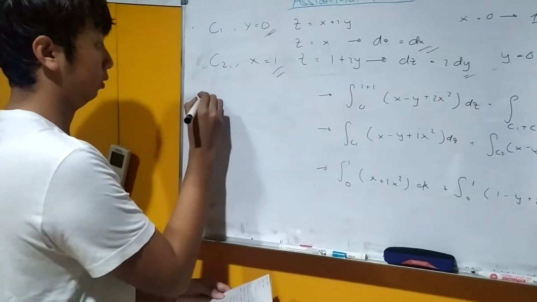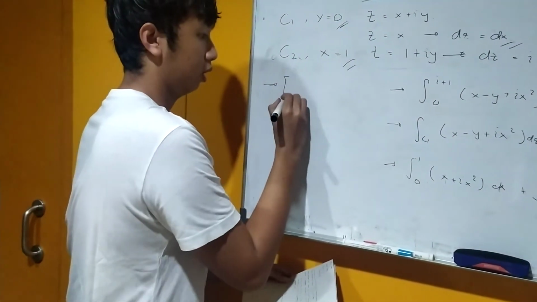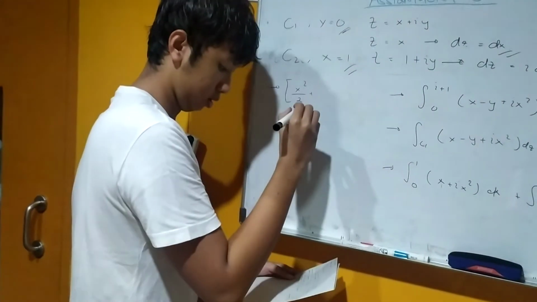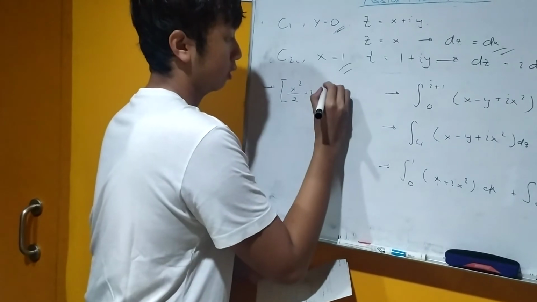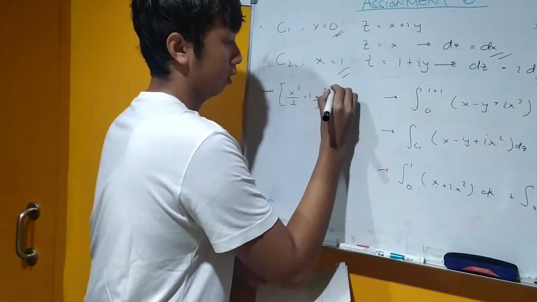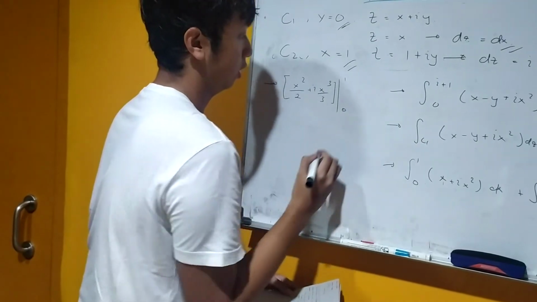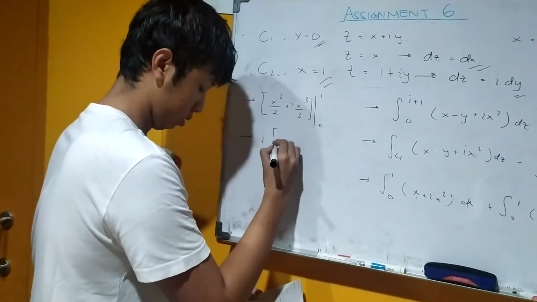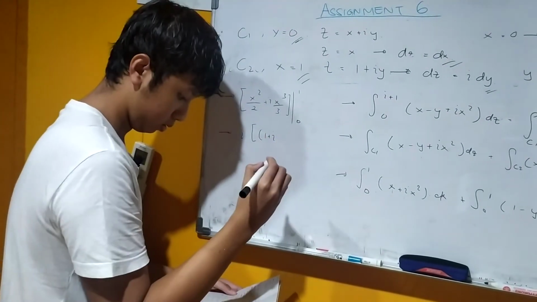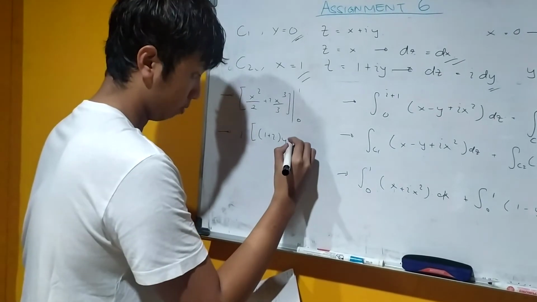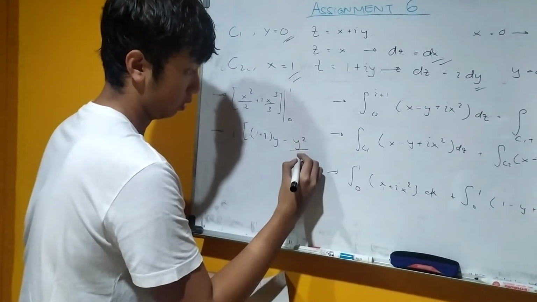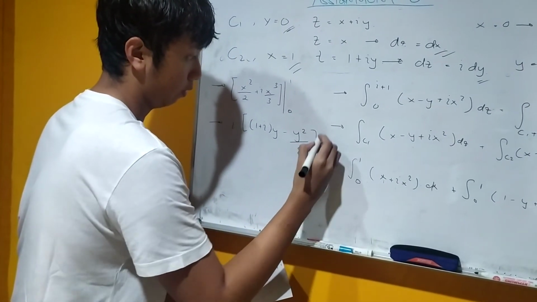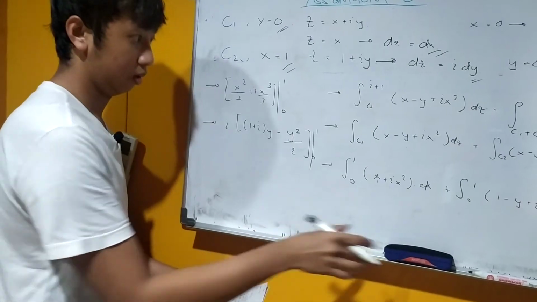So we will get x squared over 2 plus i x cubed over 3 from 1 to 0, and the second one will be i times (1 plus i) y minus y squared over 2, with the same limits 1 to 0.